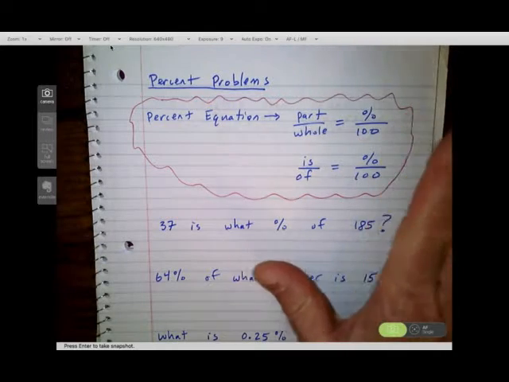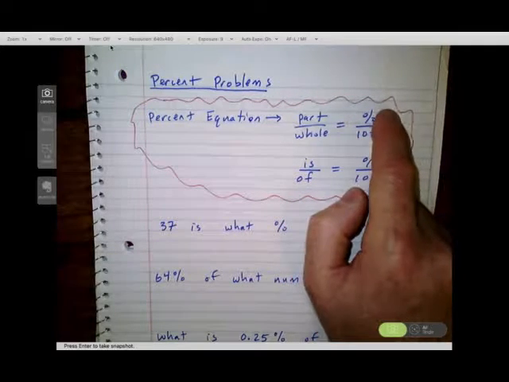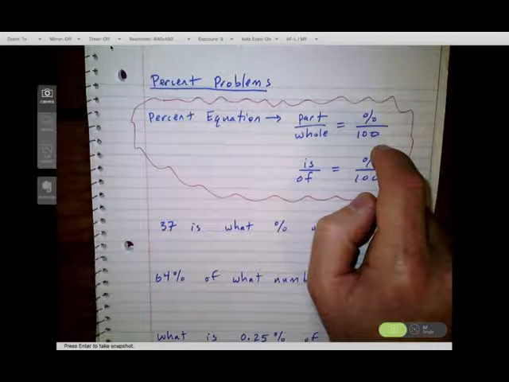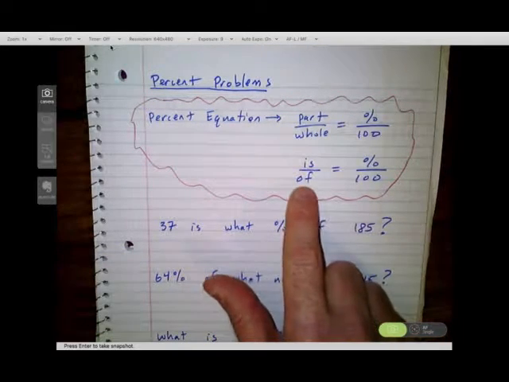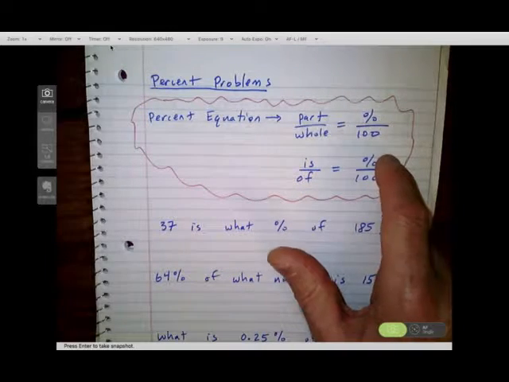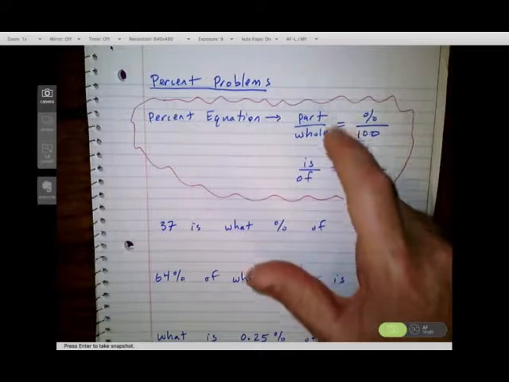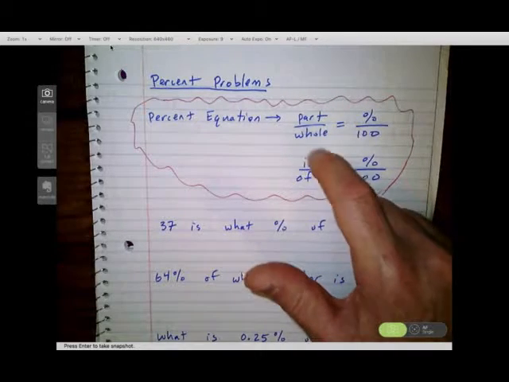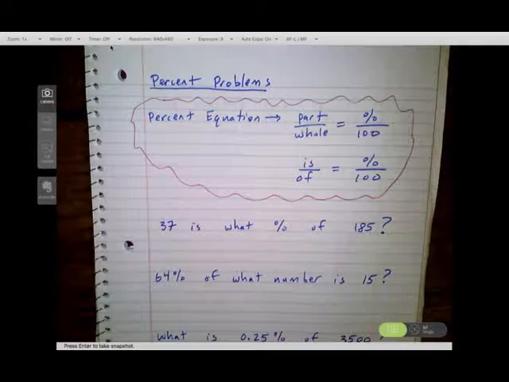So the way I like to set it up is like this: part over whole equals percent over 100. Now the problems are worded in such a way that you could also think of this like this equation: is over of equals percent over 100. Because the part, and you'll see what I mean in a minute, often comes after the word is, and the whole thing comes after the word of.